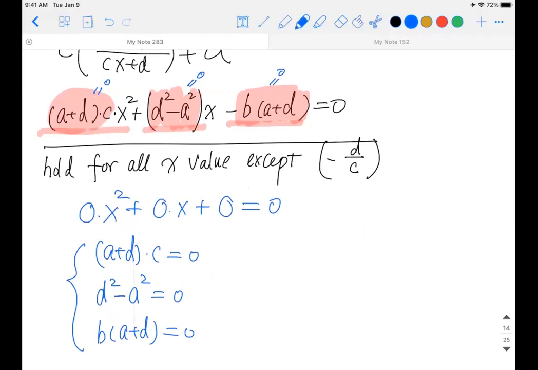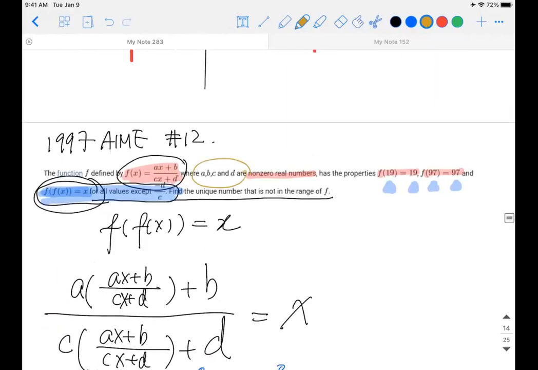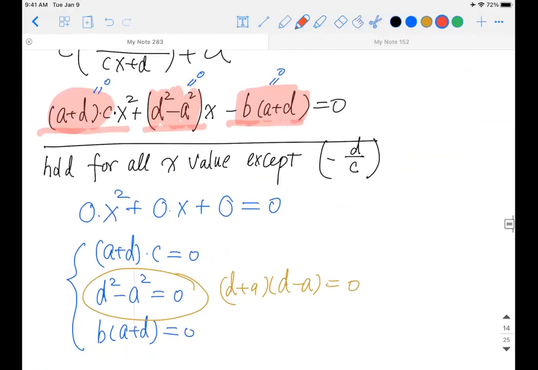It actually means that as long as d plus a or d minus a equals 0, because you're telling me that a, b, c, d are non-zero real numbers. So either d plus a equals 0 or d minus a equals 0, right?